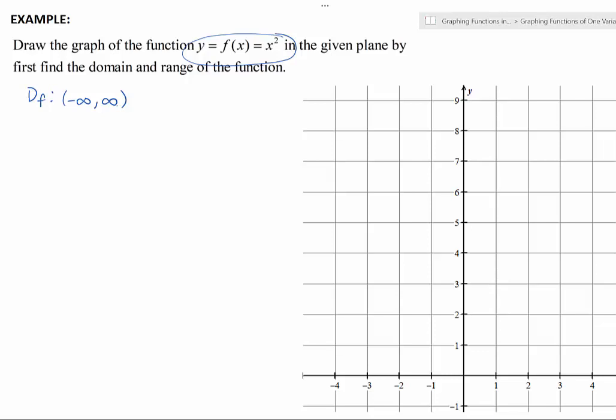So what we're going to do is make a little table: x, f of x, and the resulting ordered pair. We'll do several of these, plot some points on the Cartesian plane to the right, and then we'll see a pattern, hopefully.